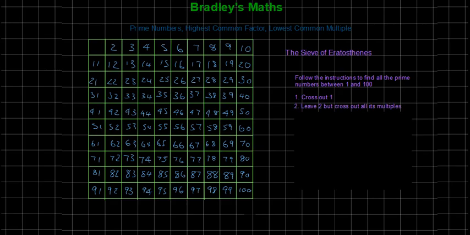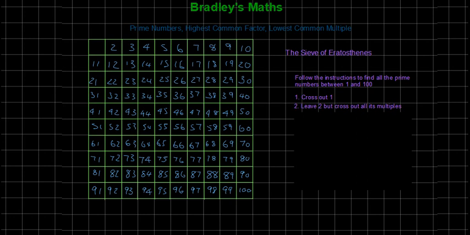Leave 2, but cross out all its multiples. Now this time that's an awful lot of crossing out to do, so I'm not going to cross them out. What I'm going to do is I am going to highlight them. I think, let me see if I can do it that big. Yes, I can.